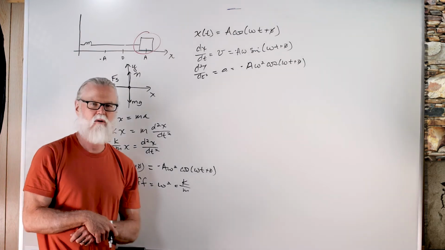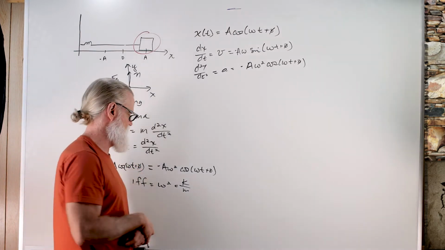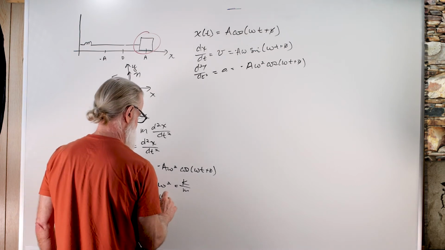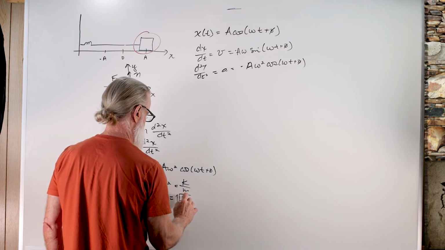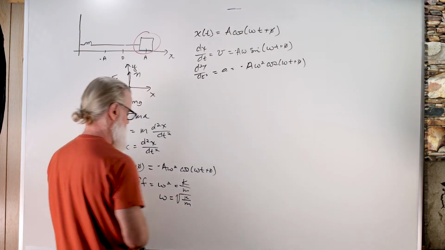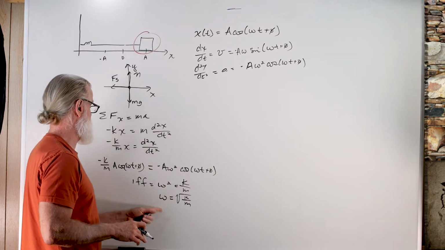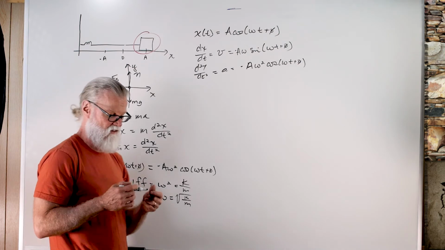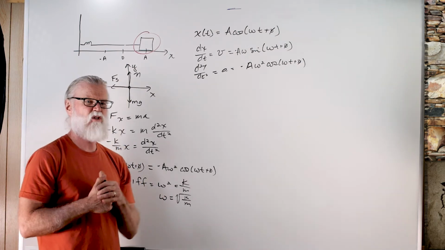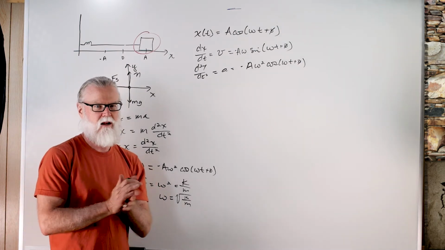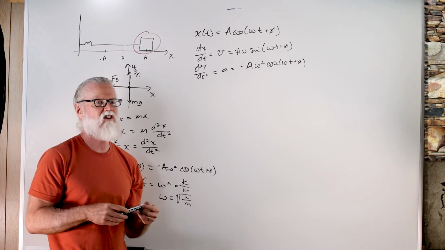And as we saw when we did our energy analysis, omega equals the square root of k over m. We got that already. And indeed, this is true. So this is the solution to the differential equation. This was like a guess and check technique.